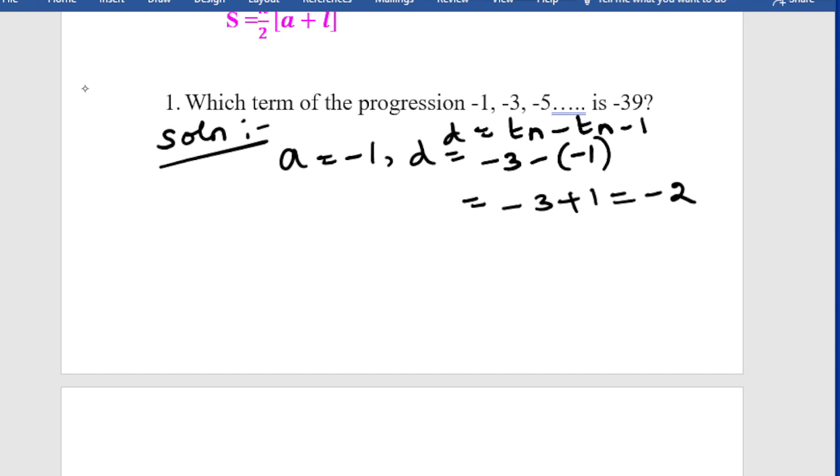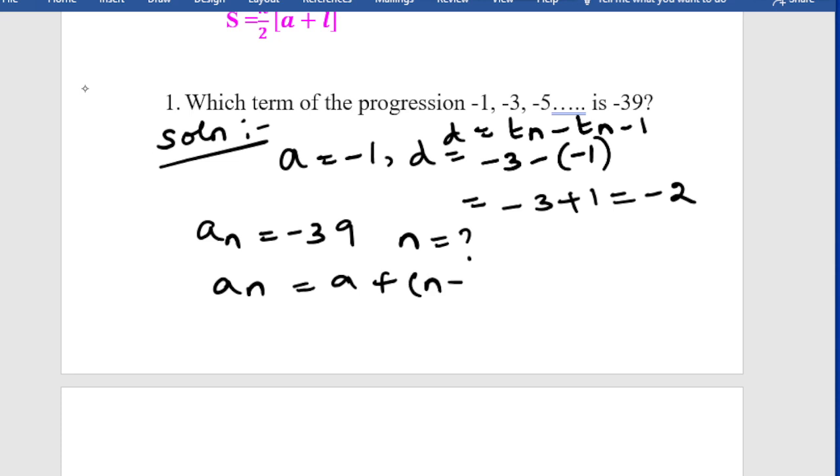And here what is given? Minus 39. What is the n associated with minus 39? So if a_n is minus 39, what is n? We need to find what is n. We know that a_n equal to a plus (n minus 1) into d.